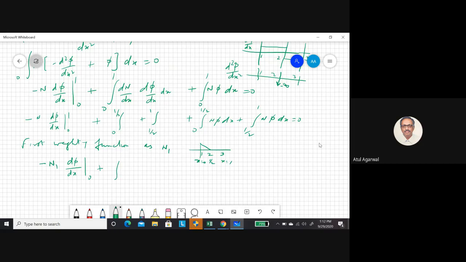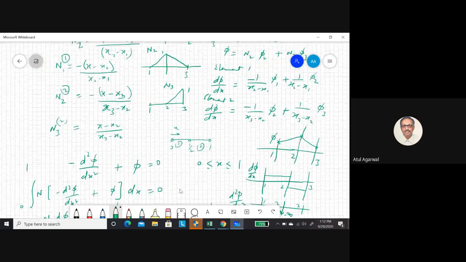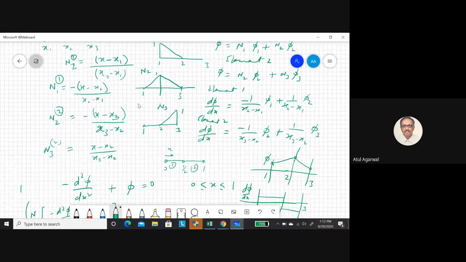Plus 0 to half. Here your dN by dx is 0 for N1. So you are left with only one term. What is your dN by dx? We had calculated.